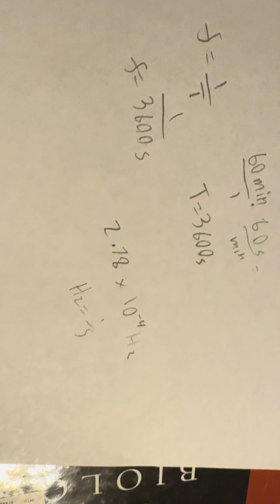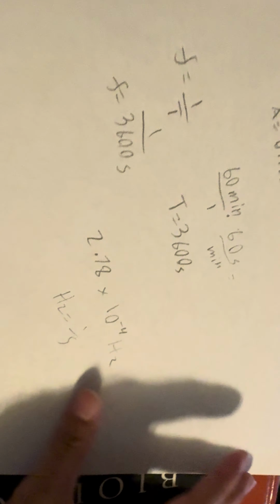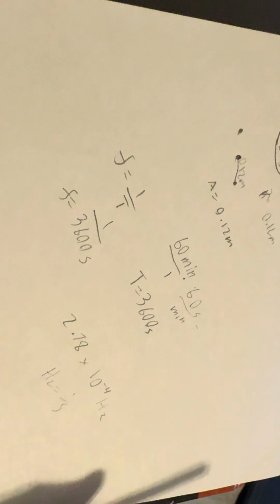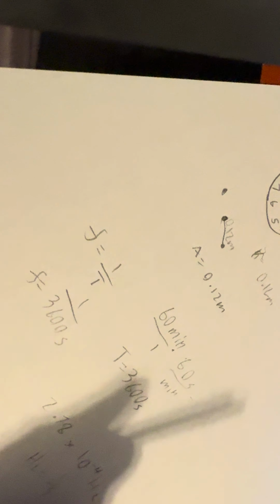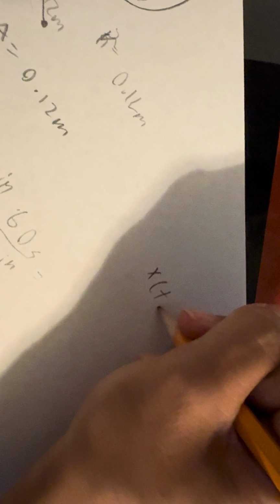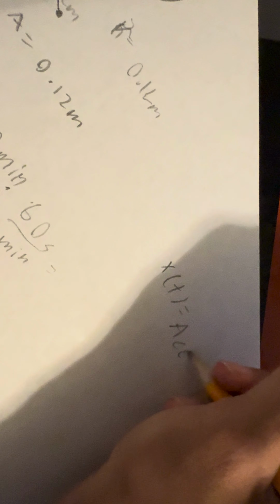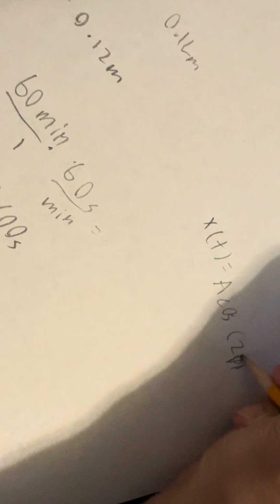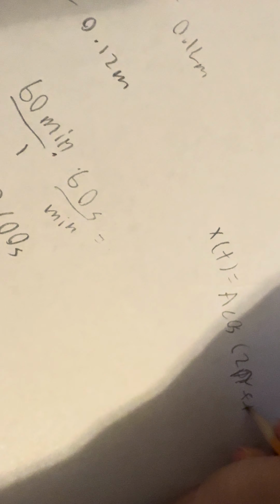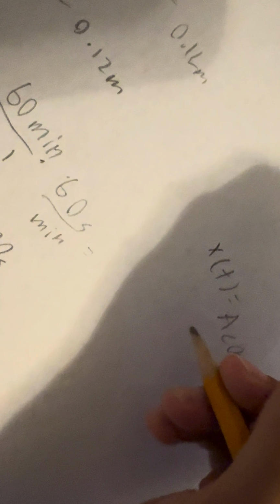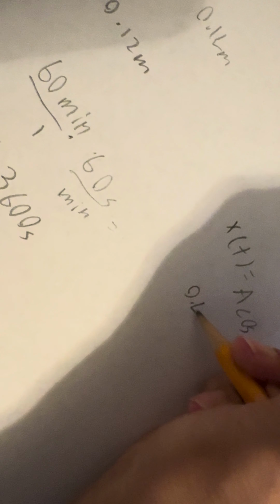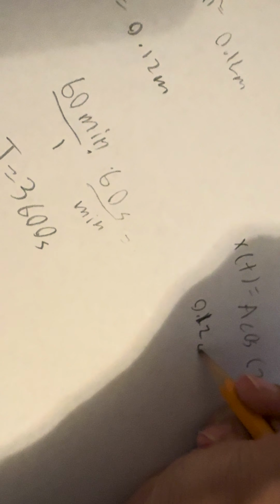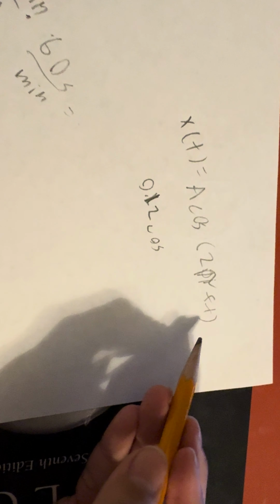Okay, now finally, how do we find the position equation for harmonic motion? Well, our raw position equation is x of t is equal to A cosine 2 pi f t. We already know our amplitude is 0.12 cosine, and then 2 pi frequency times t.